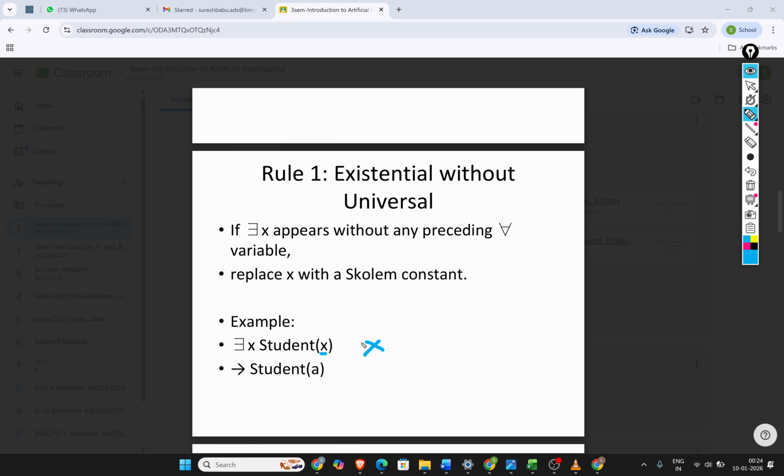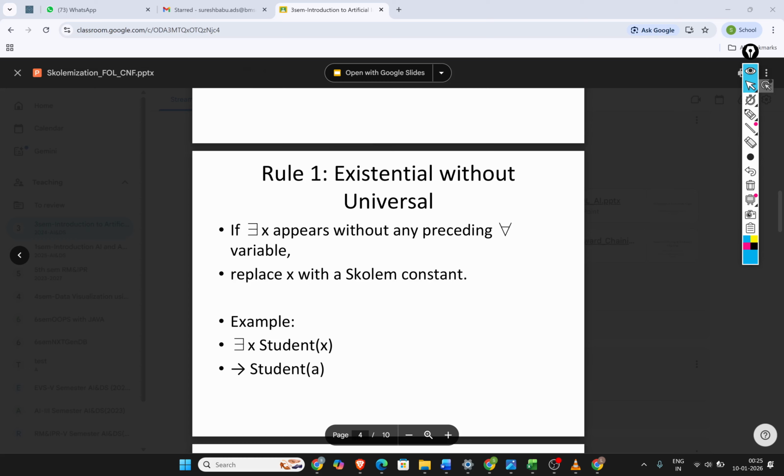So x is replaced by a, and this a we call a Skolem constant. If there is no universal quantifier before the existential quantifier, we can replace that variable with a constant. That is one thing you have to remember.